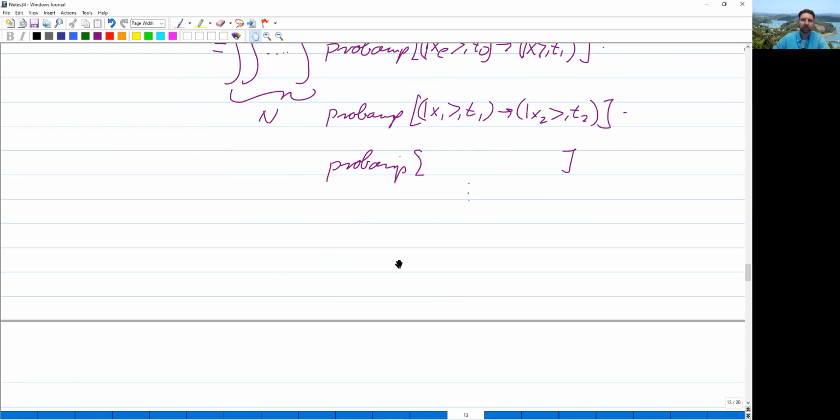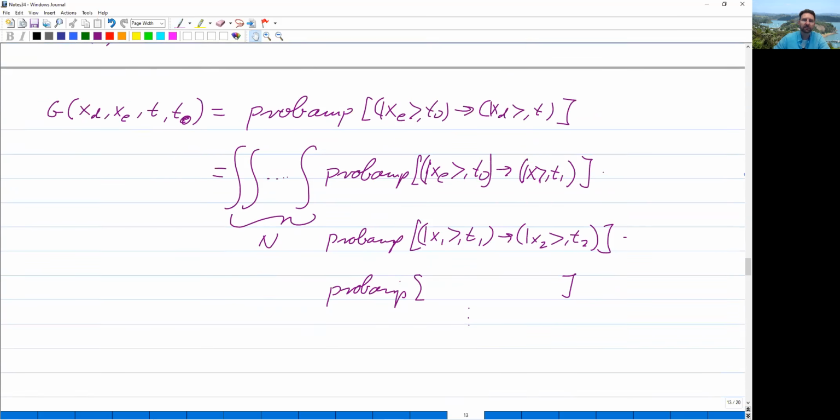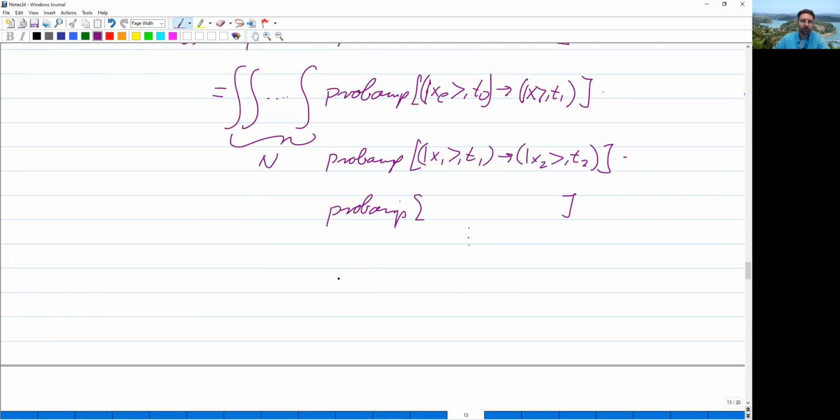Traveling from intermediate location to intermediate location, where all the intermediate locations are possible here, right? Because we are integrating over x1, integrating over x2, etc. And eventually we have here the probability amplitude for the particle to travel from xn, this intermediate location, at time tn, all the way to our detector at time t.